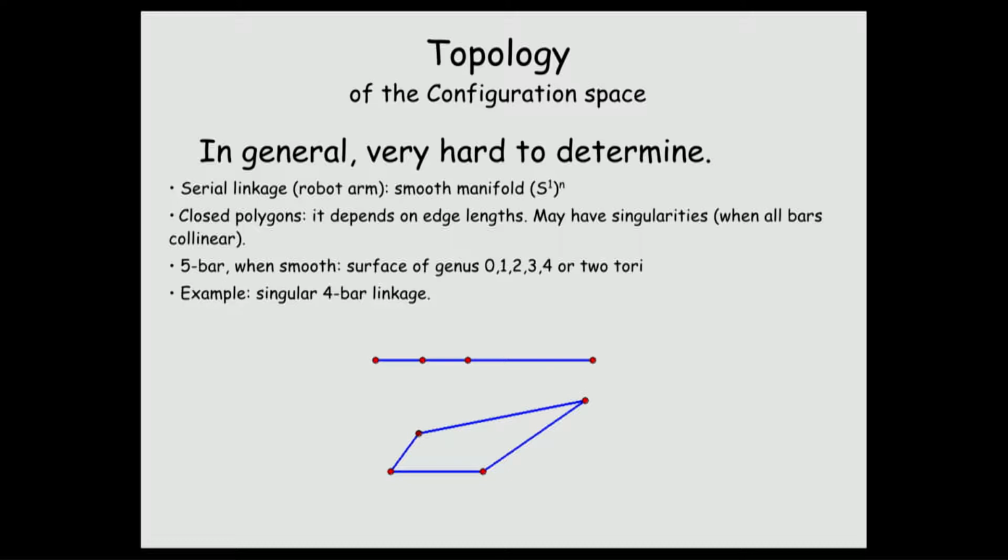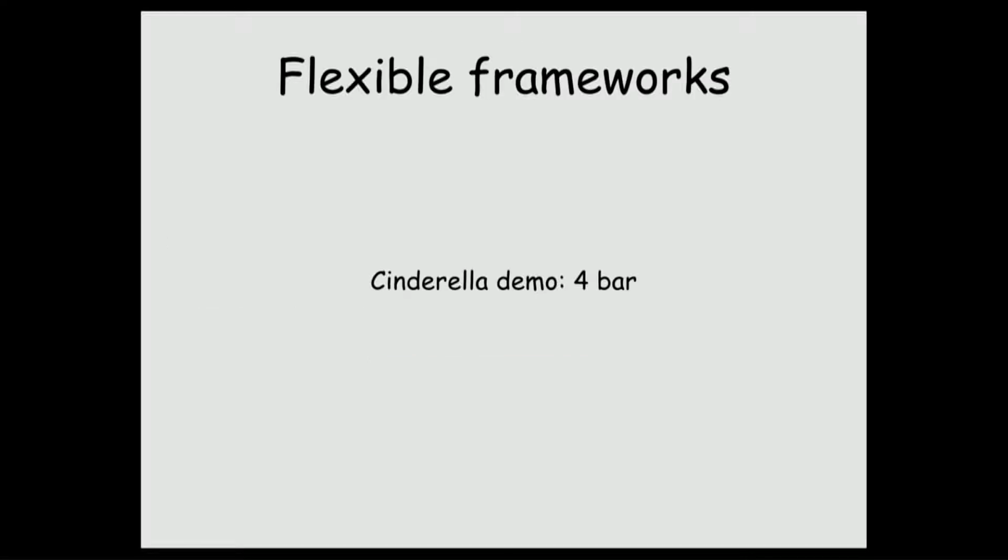It can be, for instance, for 5 bar, when it's smooth, it can be a surface of genus value 0, 1 to 4, or 2 tori. And here's an example. Yeah, so this is a 4 bar linkage, and if the edge lengths are chosen in a particular way, this may align, and one particular configuration would be completely lying on one line.